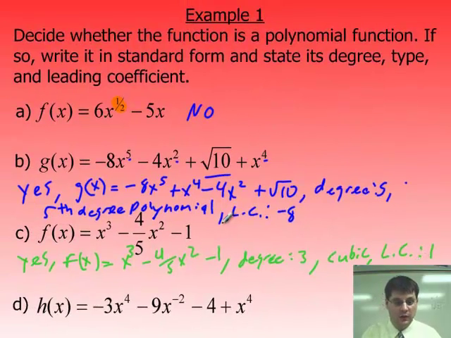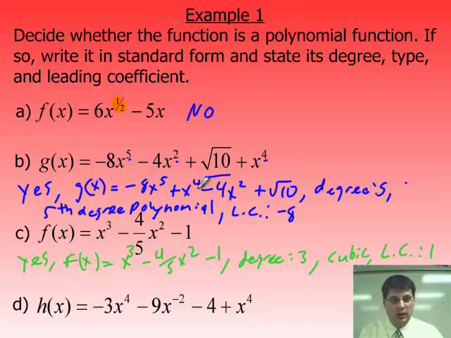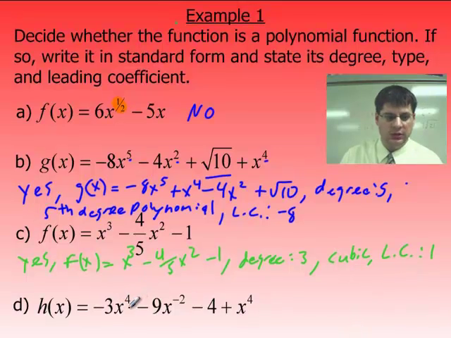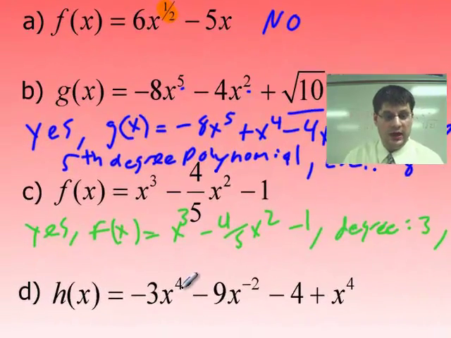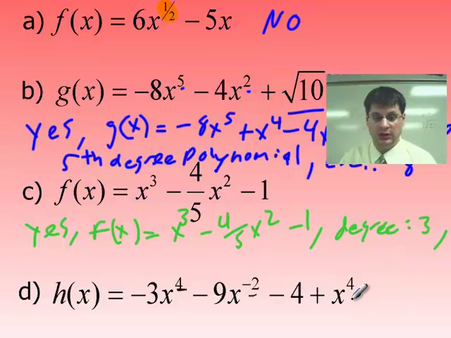Now, the last one, I look at it and I'd say, oh, well, I notice here that we have a 4, a -2, there is no exponent, and a 4.